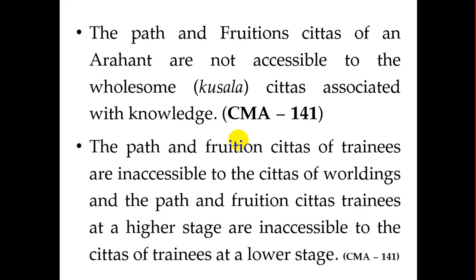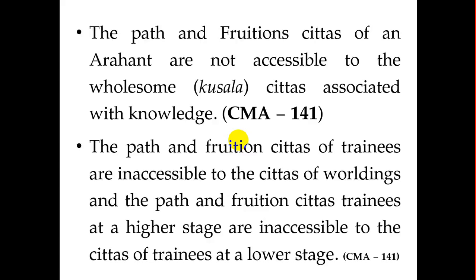The path and fruition chetas of trainees are inaccessible to the chetas of worldlings. As normal people, we cannot have access to the Magga and Phala chetas of trainees, right?